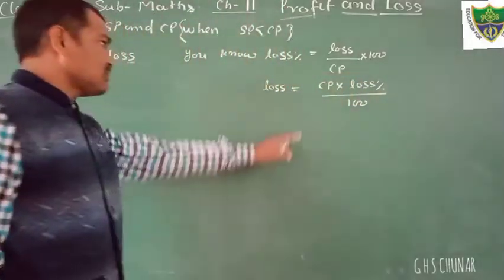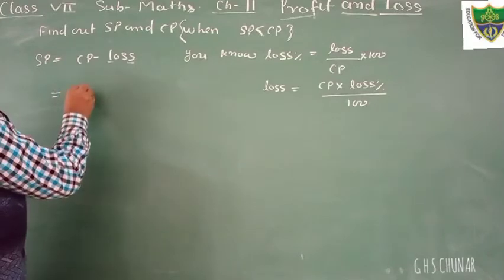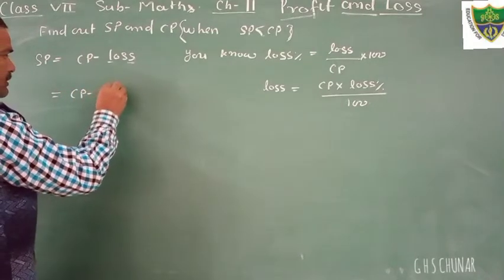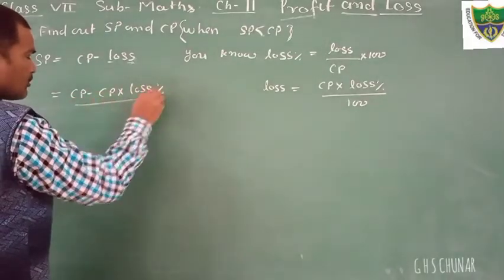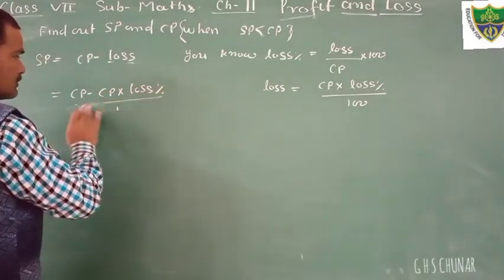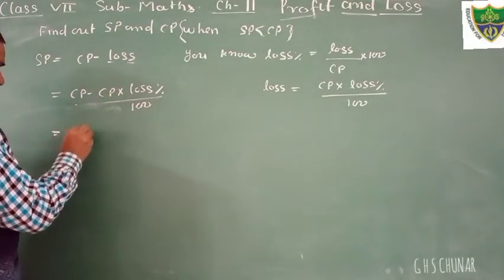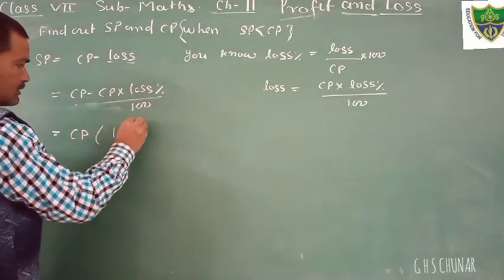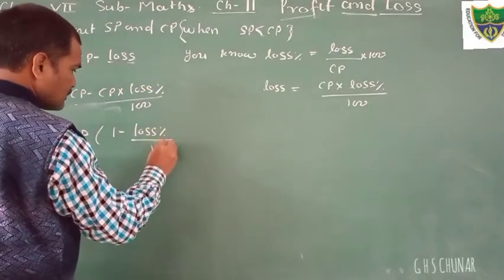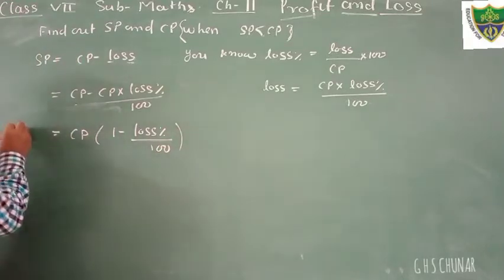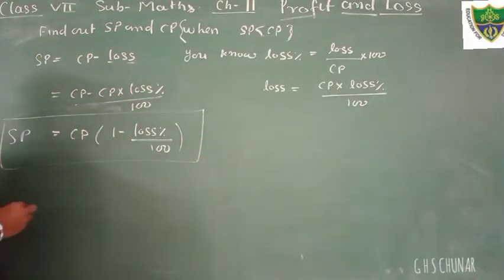Now you put this value of the loss in this formula, you will get CP minus CP into loss percent upon 100. When you take CP as common, 1 minus loss percent upon 100. This is one form of finding the SP.